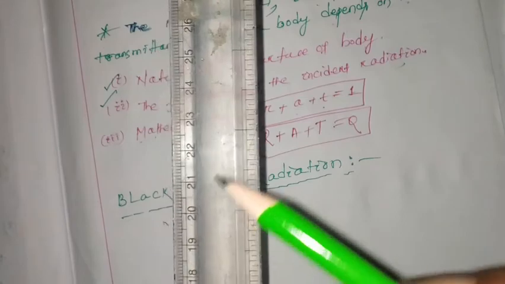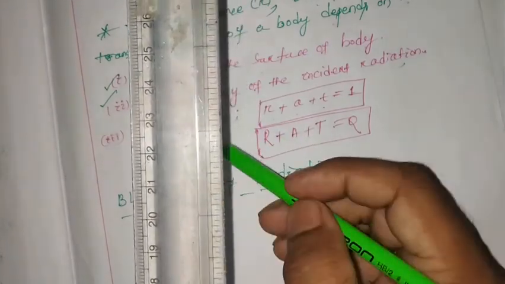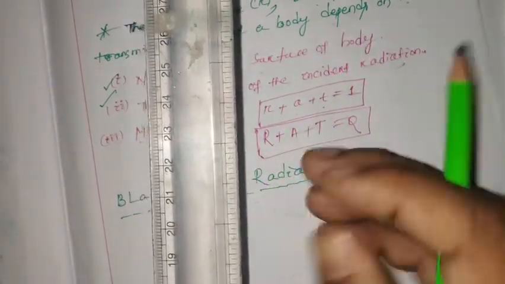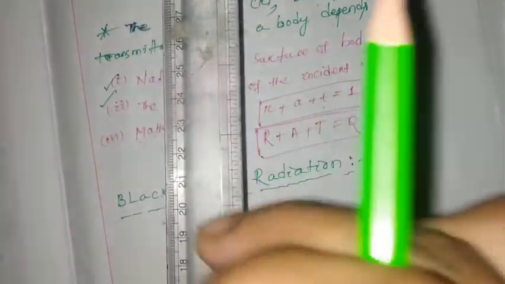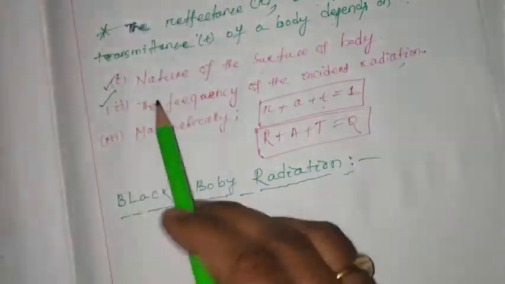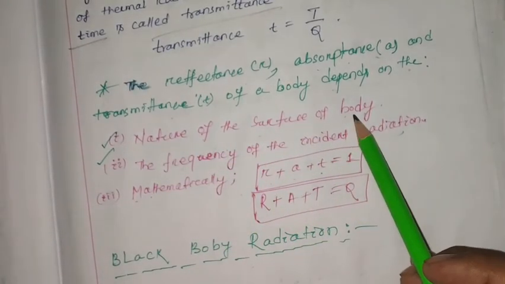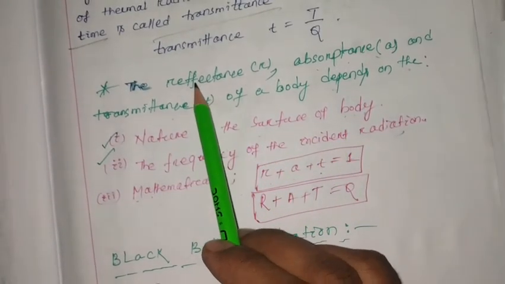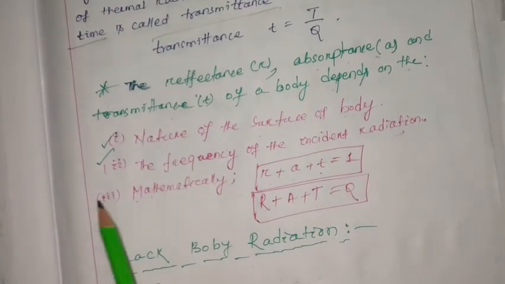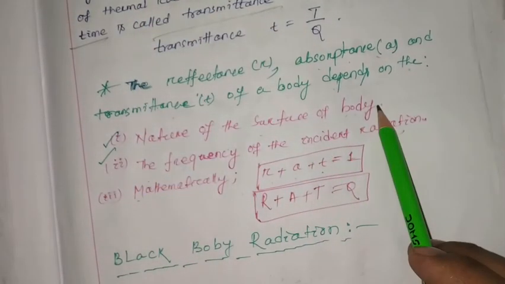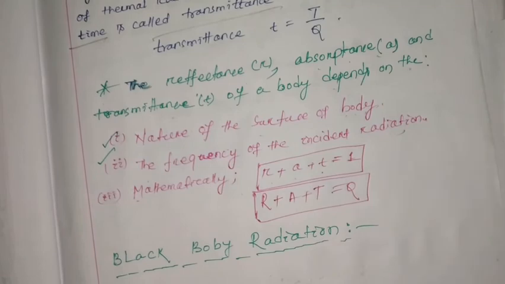If the frequency is increased, more energy can be transmitted, because higher energy can penetrate more, so transmittance will be more. So these two points: reflectance, absorptance, and transmittance depend upon the nature of the surface of the body and the frequency of the incident radiation.